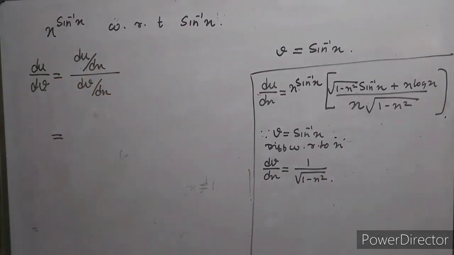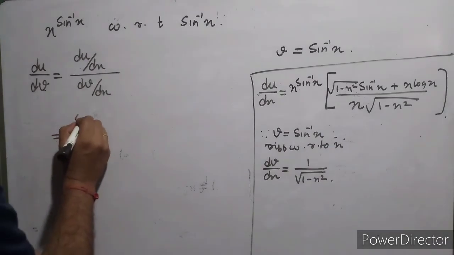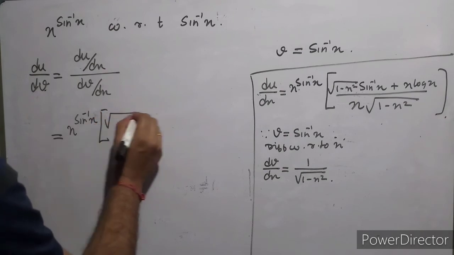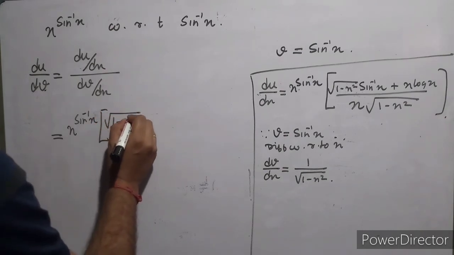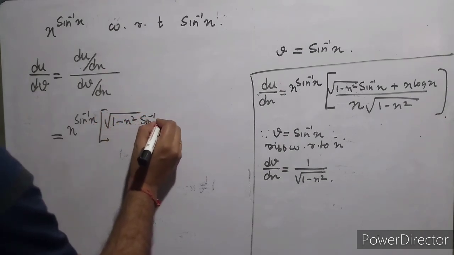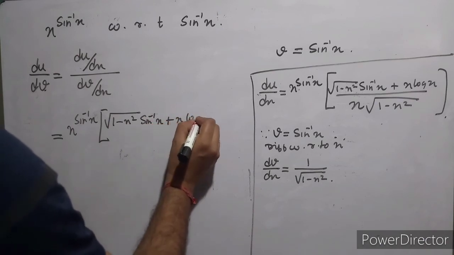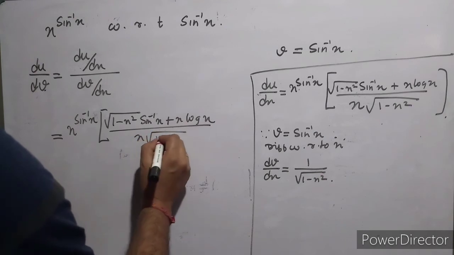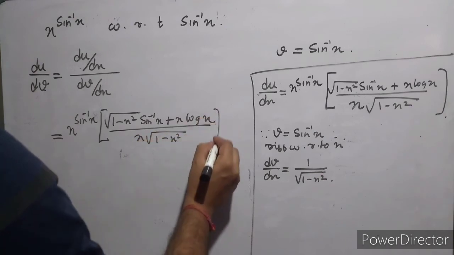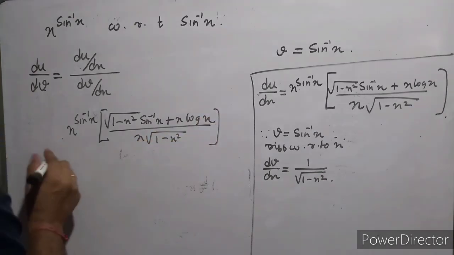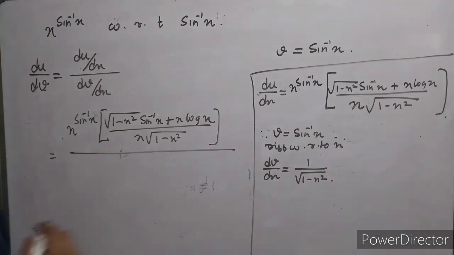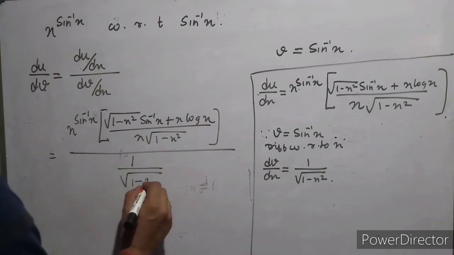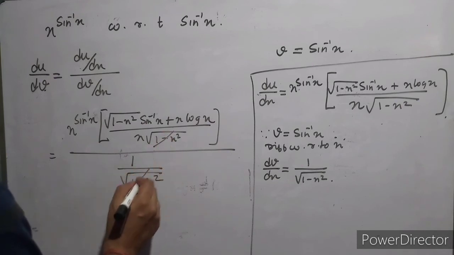du by dx is x to the power sin inverse of x within bracket under root 1 minus x square into sin inverse of x plus x log x, over x under root 1 minus x square, divided by dv upon dx, which is 1 over under root 1 minus x square, so this and this get cancelled.